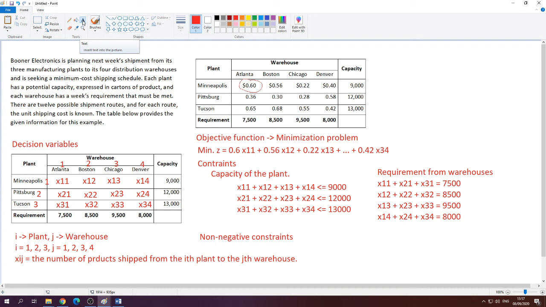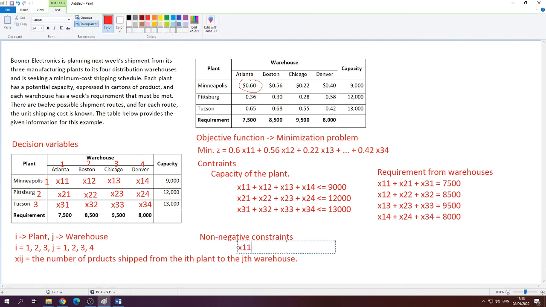We can only have 0 product, or 1, 2, or 3 products. So we're going to put X11, X12, dot dot dot, until the last one, X34, must be 0 or positive.